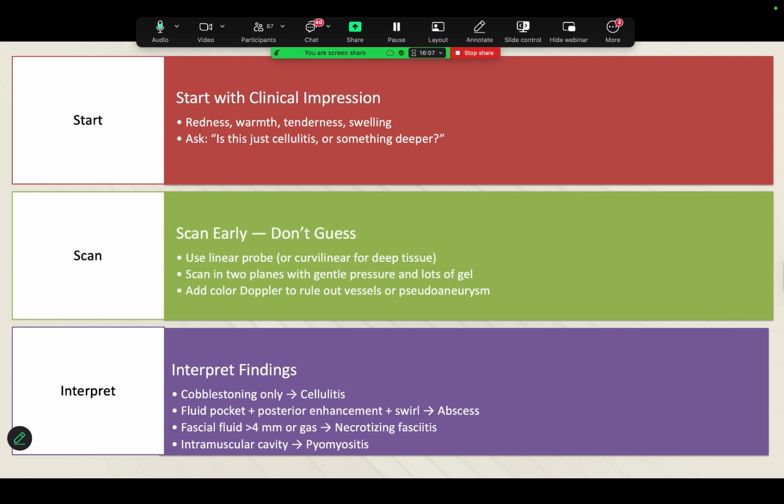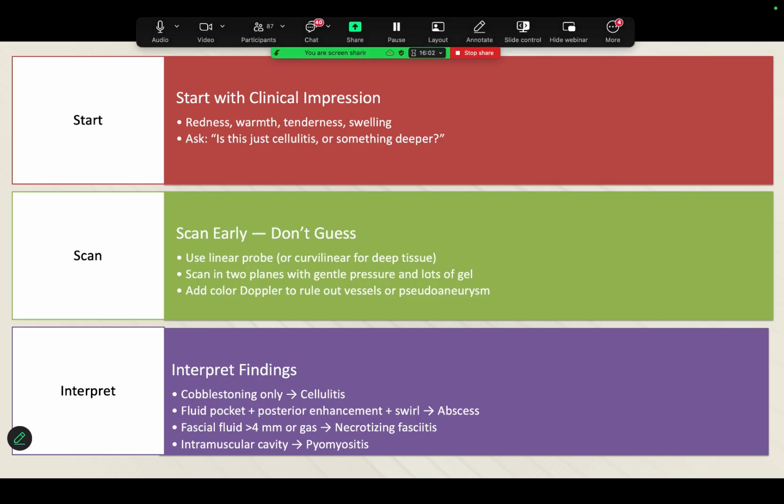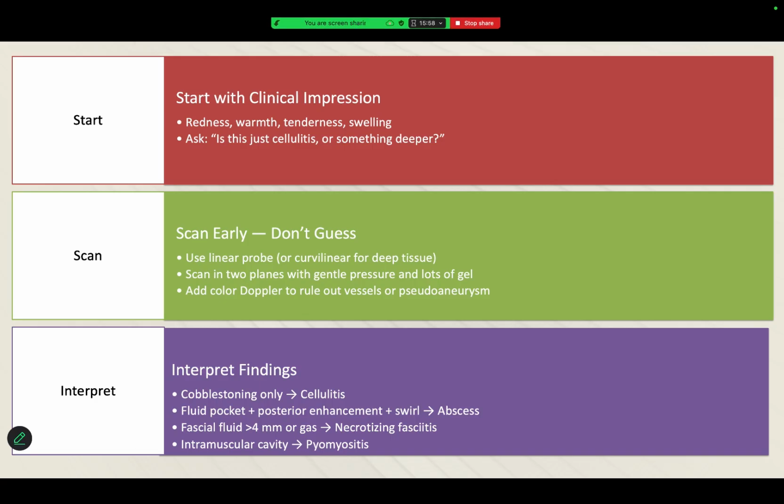And then I will interpret my findings considering our clinical findings. If it's just skin thickening and cobblestoning, it is cellulitis. So I will start my antibiotic and follow the patient.